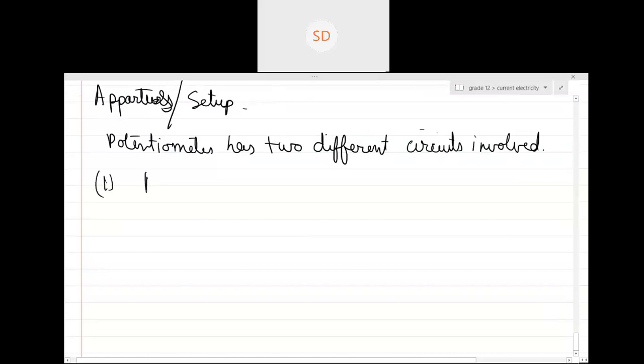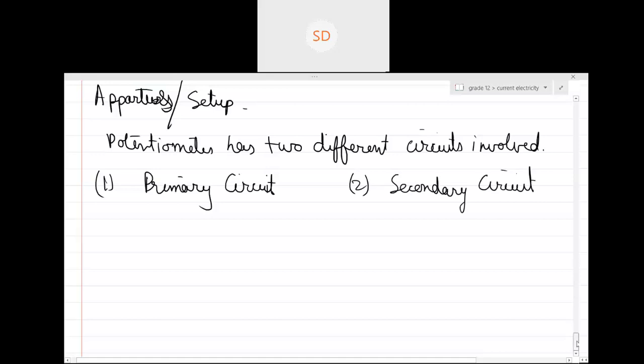First is the primary circuit, and second is basically the secondary. So, what is the primary circuit and what is the secondary circuit?